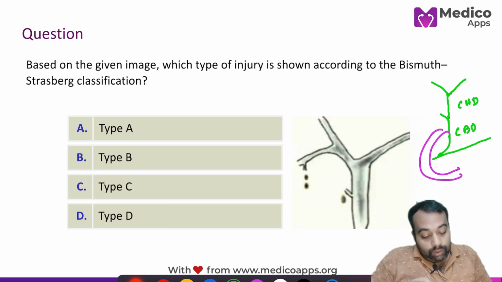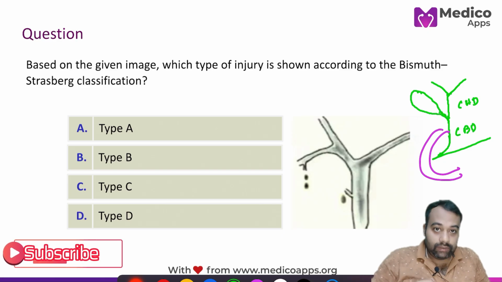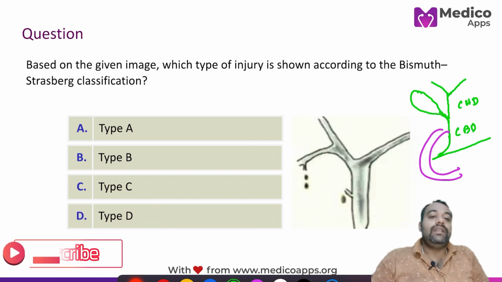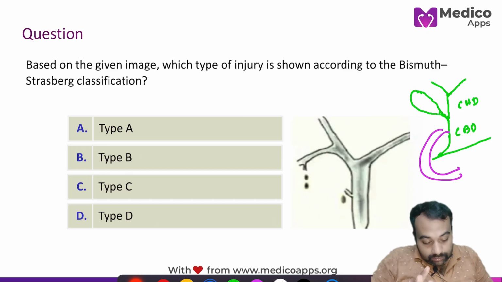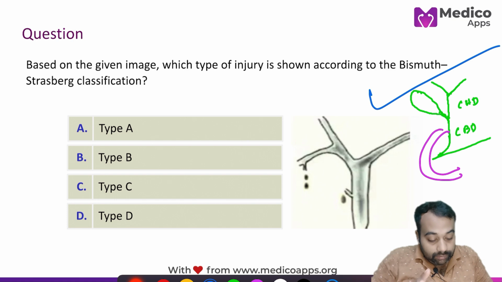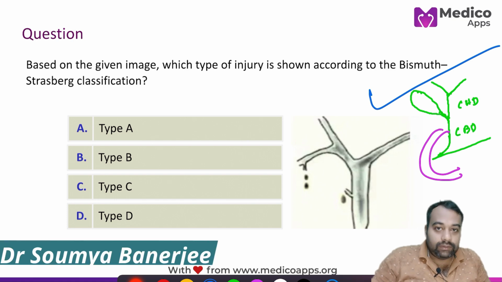Now there is a gallbladder. From this gallbladder there is the origin of the cystic duct, right? This gallbladder is attached to the liver at the level of the gallbladder fossa, or the GB fossa.